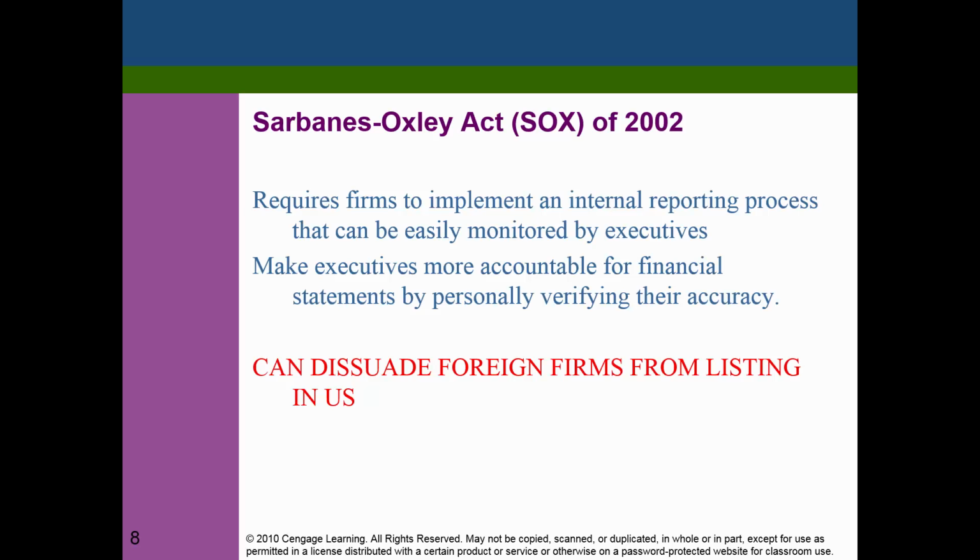So here, by signing off on the financial statements, the CEOs and other top executives are personally responsible. And by doing that, the government is hoping that there will be less mismanagement, there will be less falsification of records, and so on. So that is the good part of having the Sarbanes-Oxley Act.